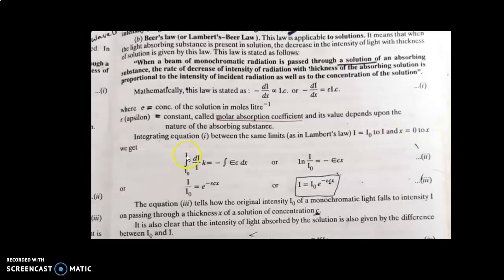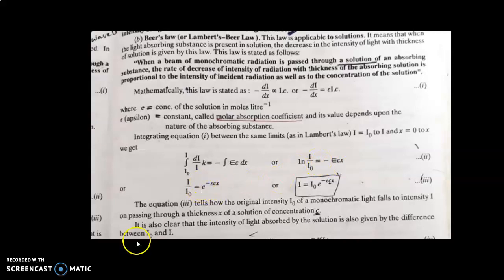Integral I0 to I of dI by I, just rearranging the equation, is equal to minus integral of epsilon c dx, or taking the log to the base e, ln I by I0 is equal to minus epsilon cx, second equation.